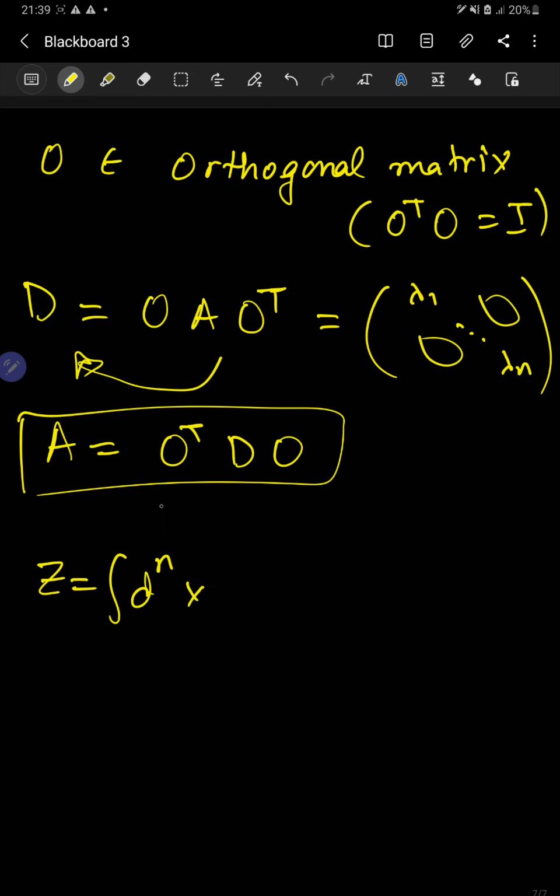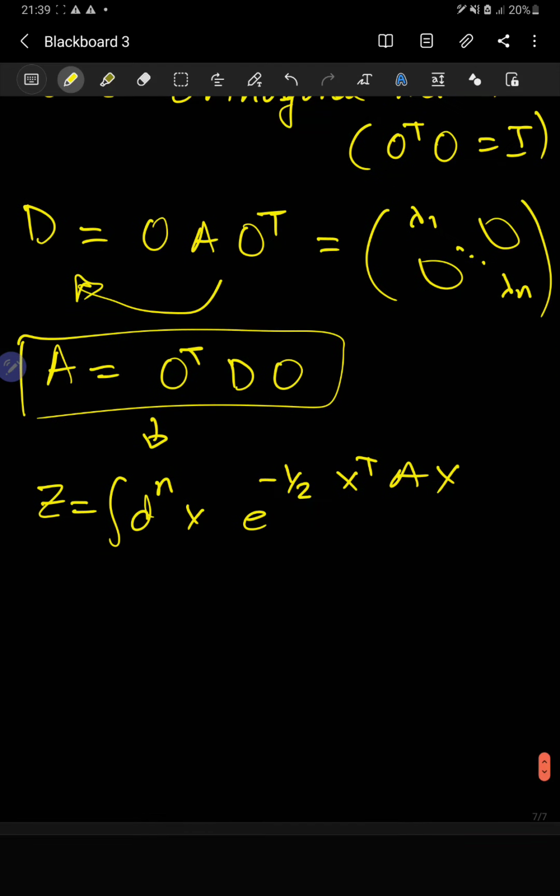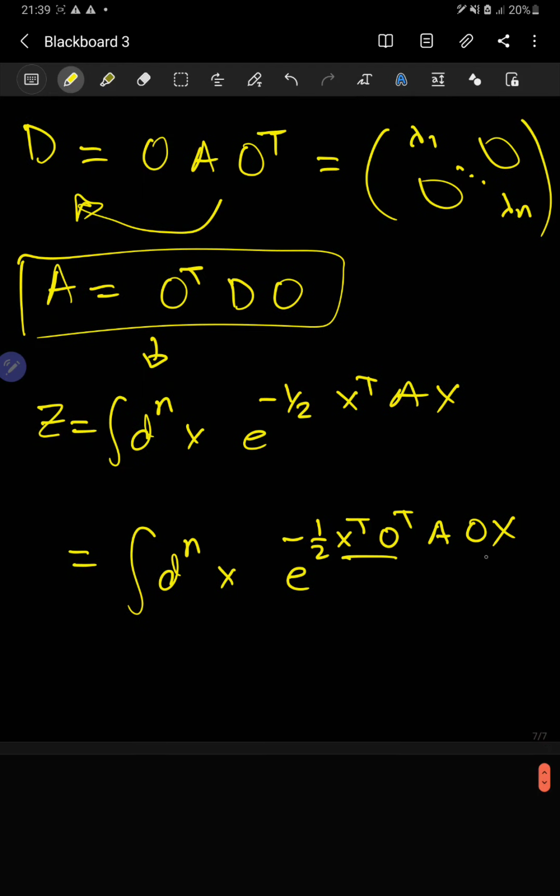But first, let's plug this into our equation, which is x transpose A x. So we have x transpose O transpose D O x.